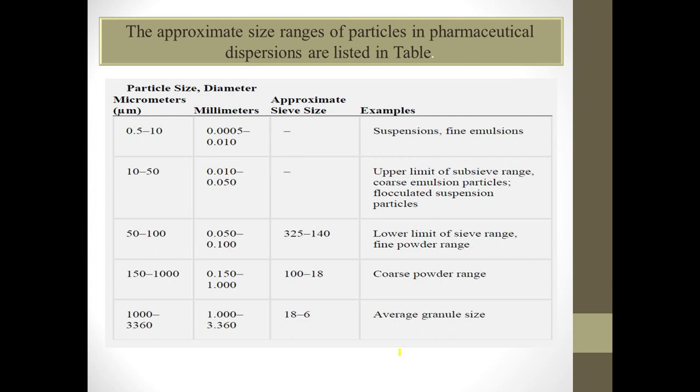The reference is Martin. This is the micrometer scale range, where you have the sieve sizes used for characterizing these powders, and these are the examples. The granules are the largest, and suspensions and fine emulsions have the lowest particle size.